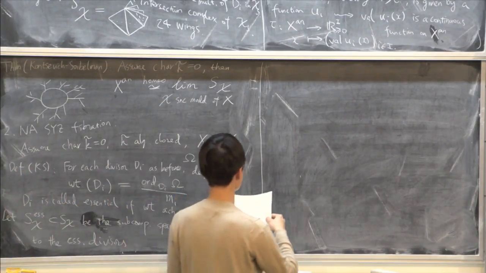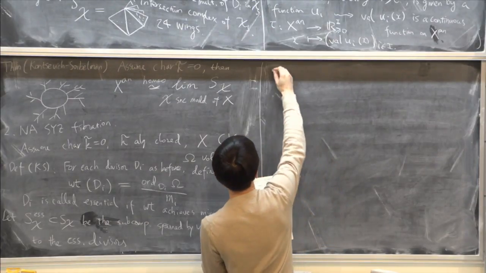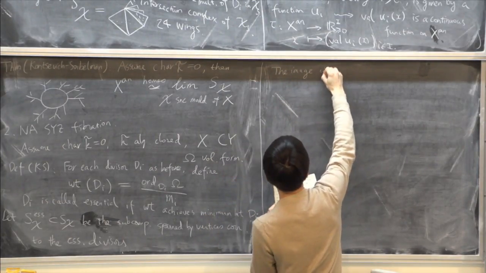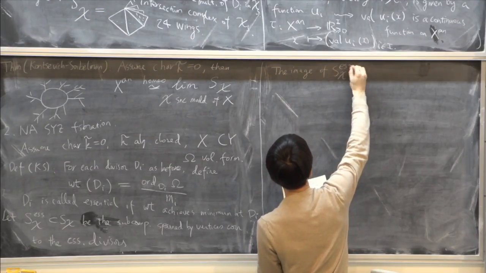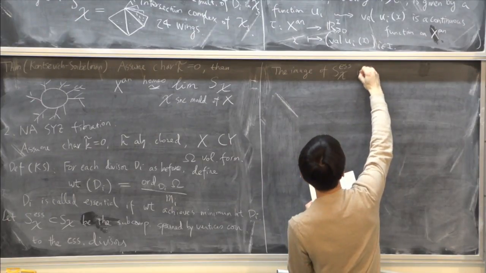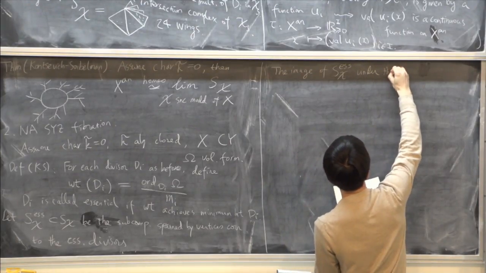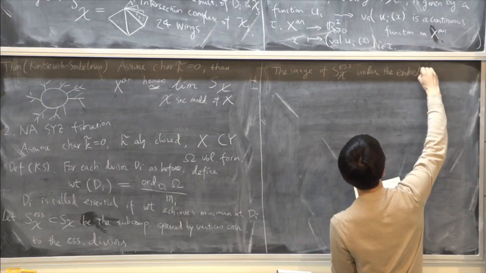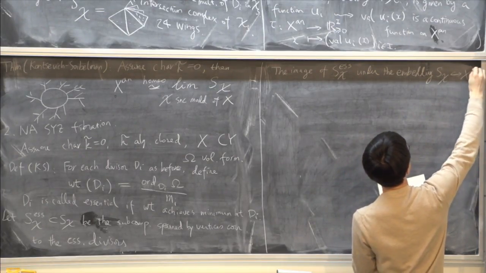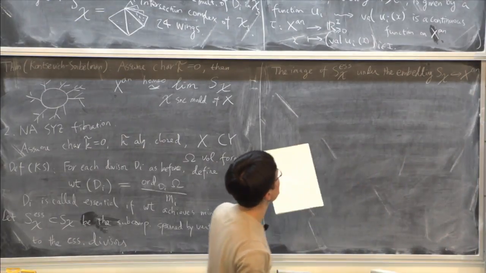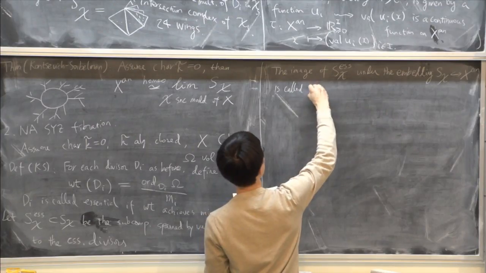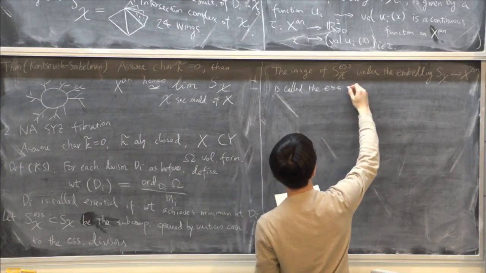So we define the image of S_X essential under the embedding of the Clemens polytope to the analytic space, which is called the essential skeleton.